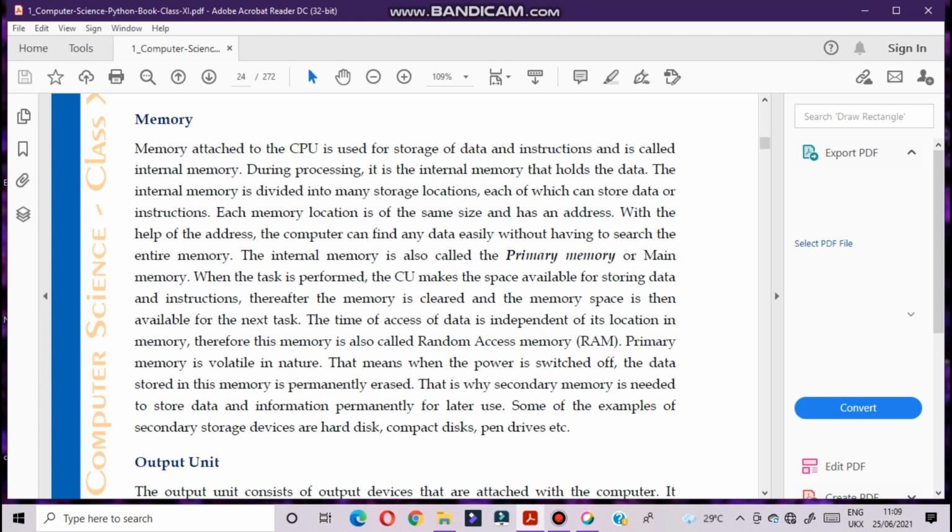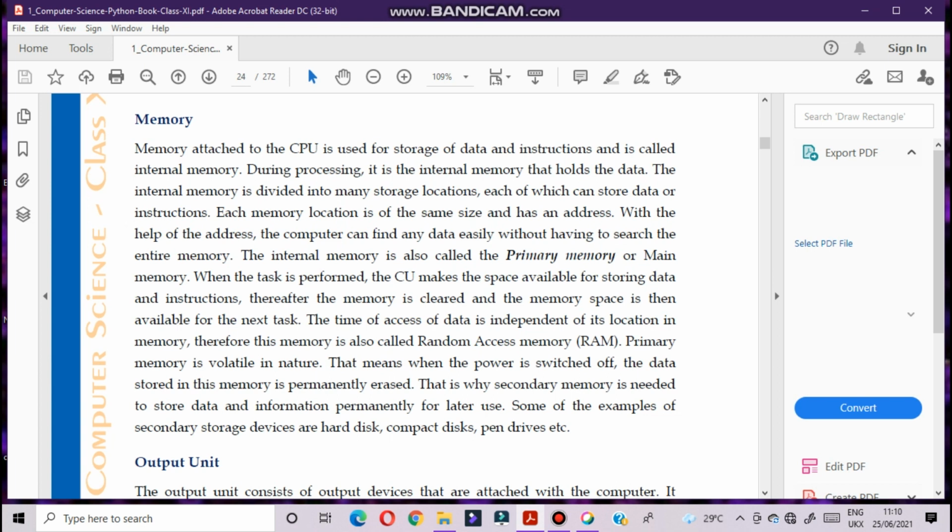The time of access of data is independent of its location in memory. Therefore, this memory is also called random access memory. Why is it called random access memory? Because the time of access of data is independent.